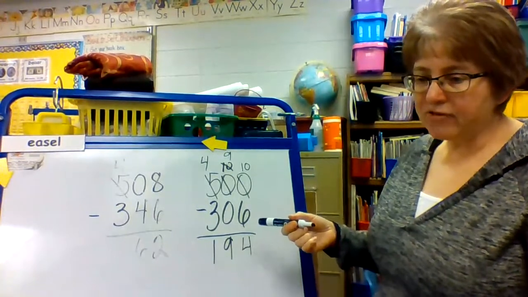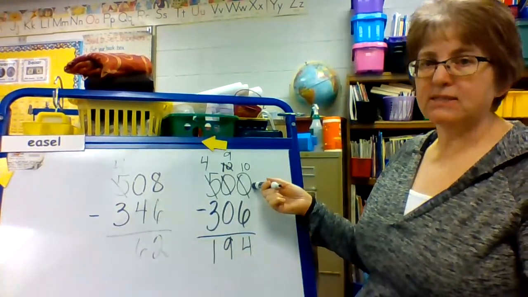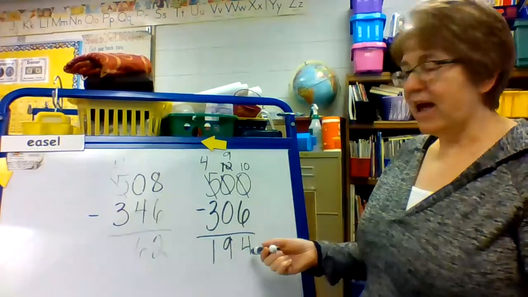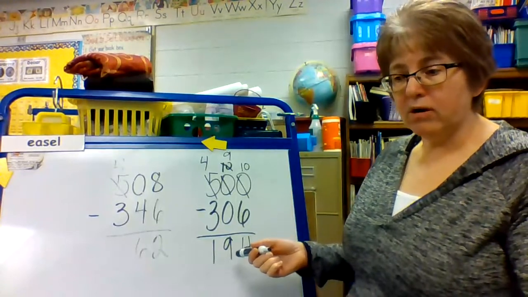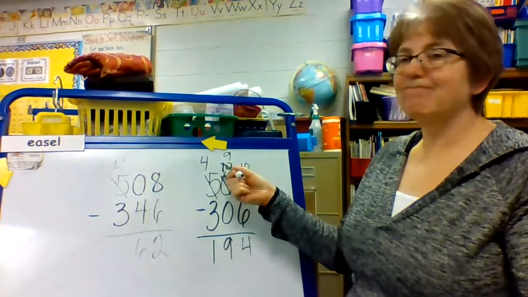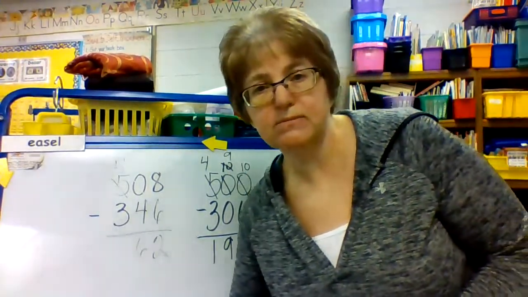Did I have to ungroup to get 10 ones? Did I need to get more ones? Yes, I did. So I would say yes. Did I have to ungroup to get more tens? Did I have to ungroup to get 10 tens? Yes. So my answer is yes to both of those.